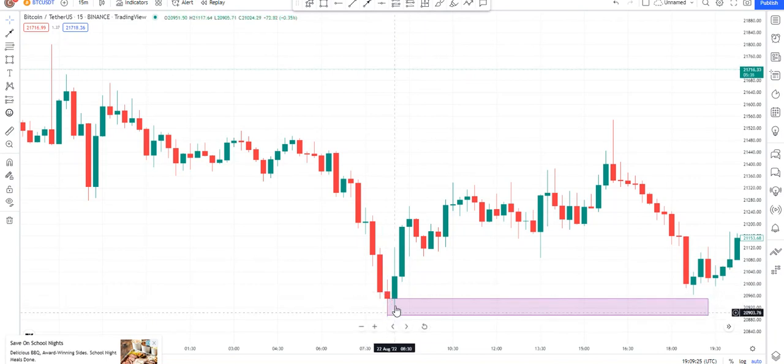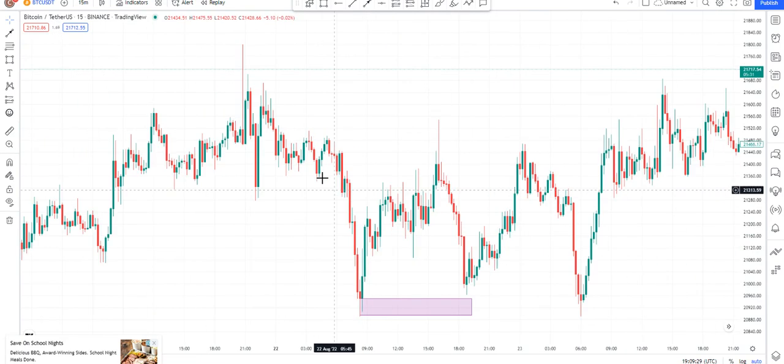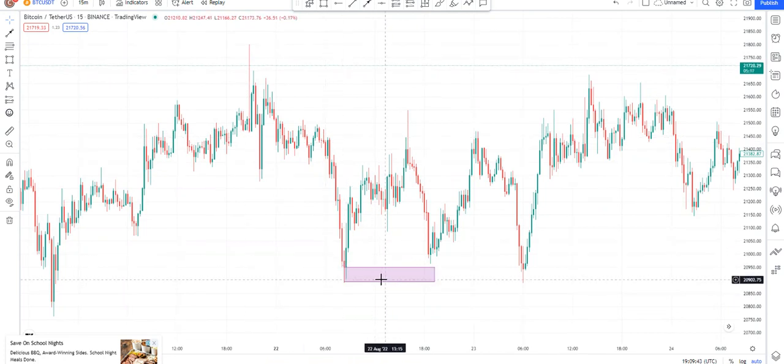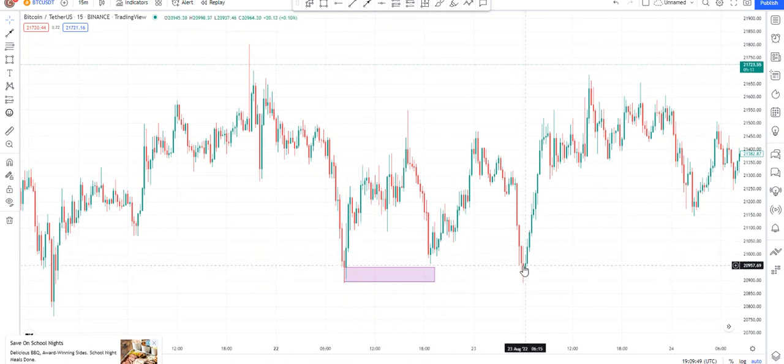If you select just the body and you ignore the wick, there was somebody I told that if you have a wick and it's a bearish order block, you take the wick on top, but if there's a wick under it, you ignore that one. But if it's a bullish order block, you accept the wick that is under and you ignore the one on top of it. All right, so that's what I'm trying to say.